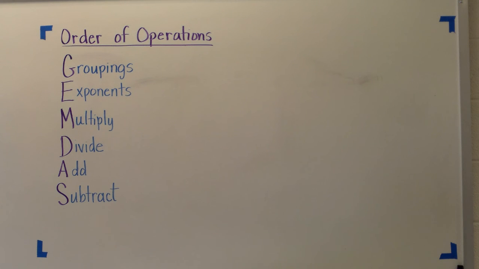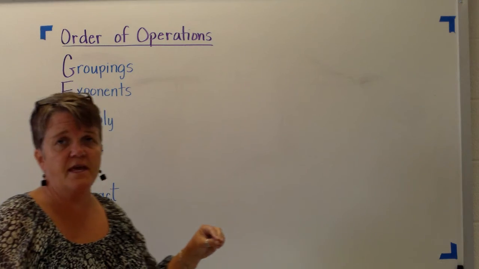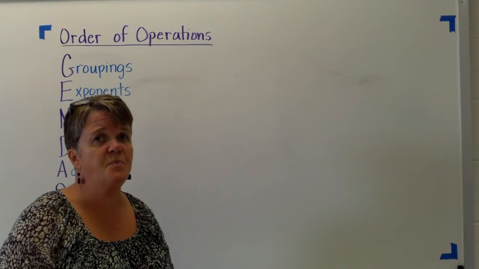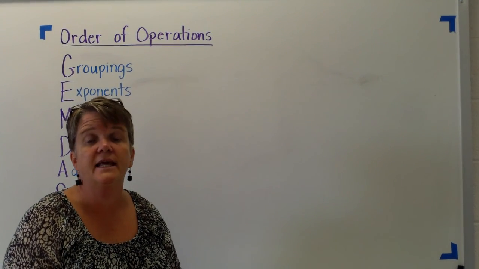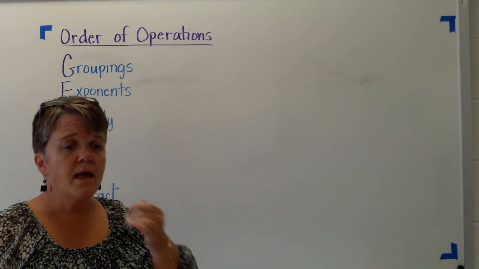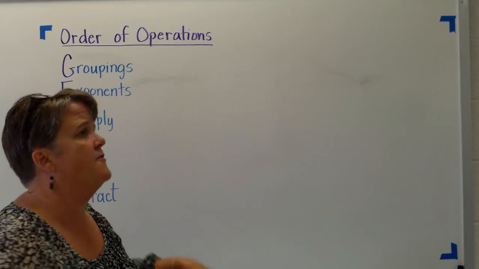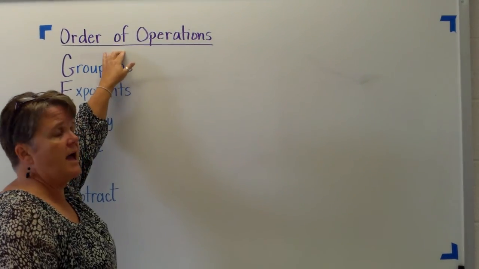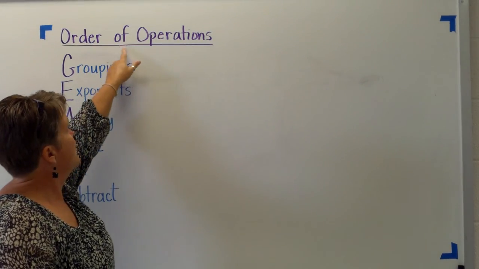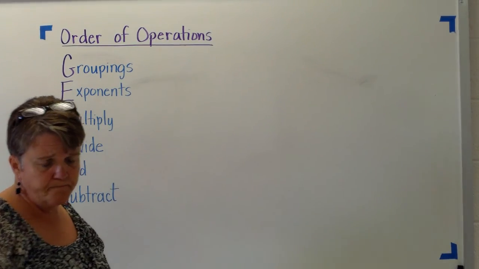Tonight, before we do anything, you need to take out a clean sheet of paper, and with the holes on the left, you're going to label the fat part at the top with order of operations.